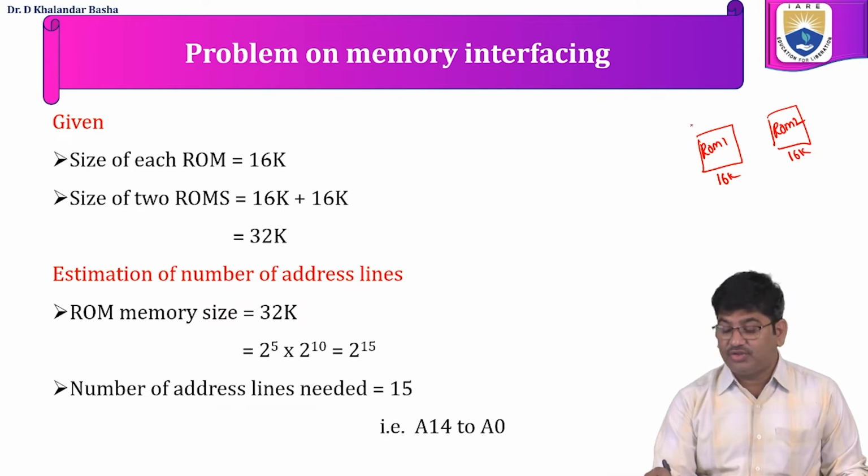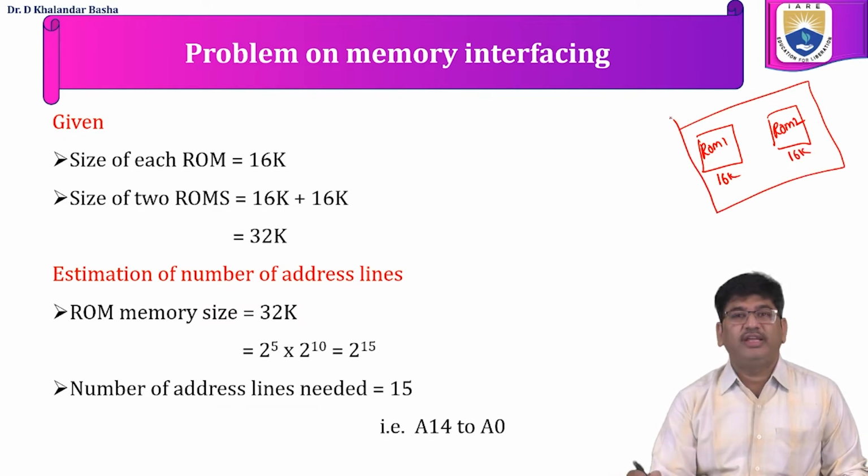So the total size of this ROM block is 16K plus 16K, which is equivalent to 32K memory locations. For finding the number of address lines required for accessing the memory, we represent this as 2 to the power of n.